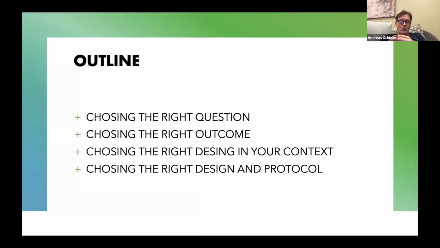So what I'm going to talk about is, first of all, it's very important that when you start asking a question, you really need to focus down on the right question. And that's a very simple statement. But asking the right question is so utterly important, and I'm coming back to this as well in defining the primary outcome of your study, because that's linked to the right question.